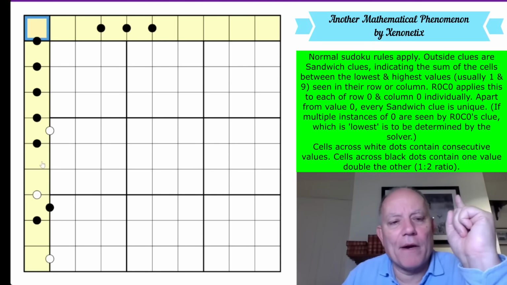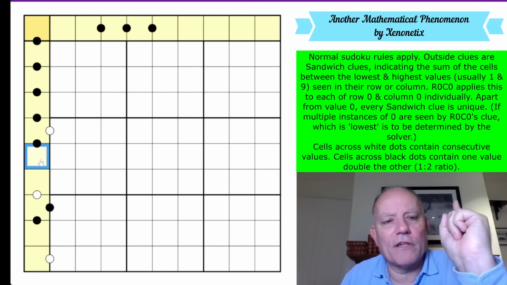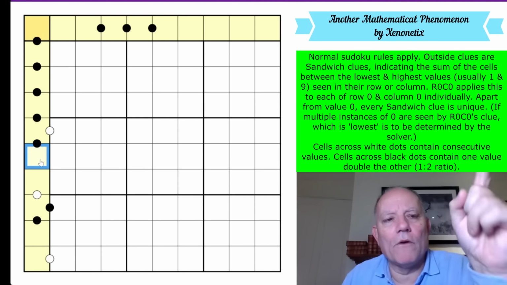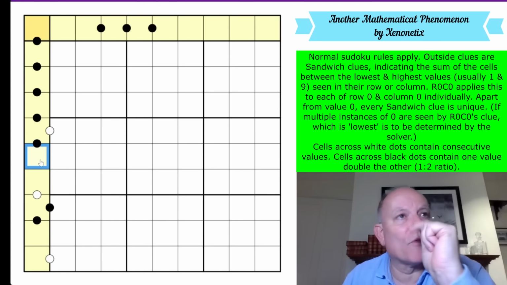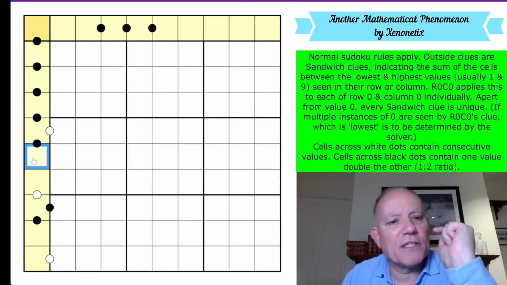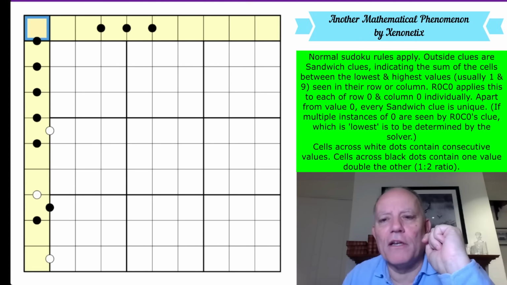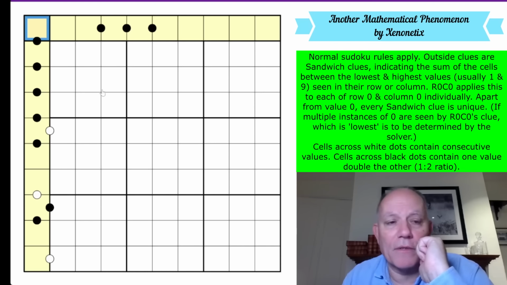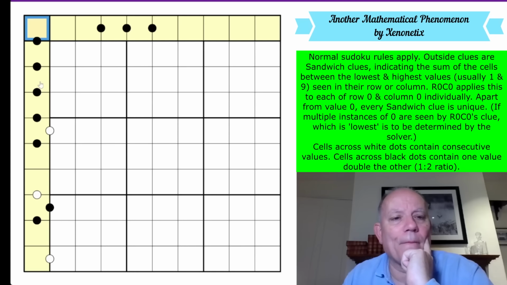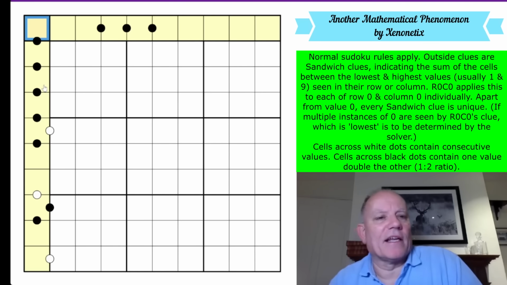But I have to bear in mind that it could go the other way. It could go, oh no, I've had an important thought. And that is that every sandwich clue is unique apart from the value 0. So, okay, that is true. You can't bounce up 2, 4, 8, 16, 32, 16, because 16 wouldn't be unique then.